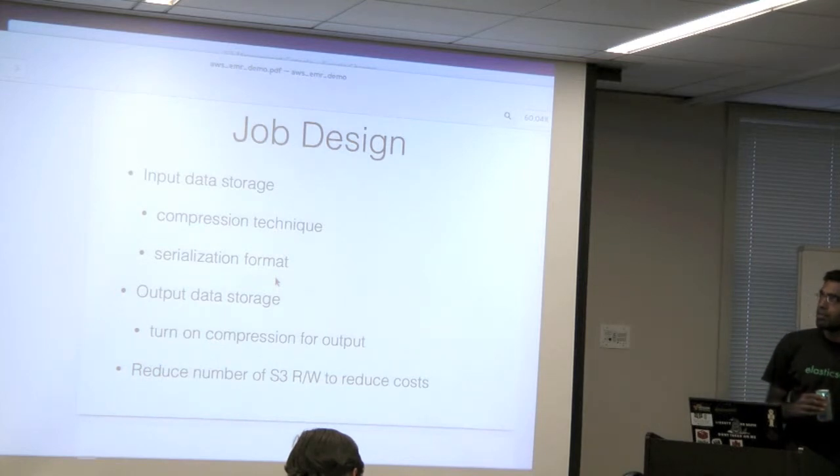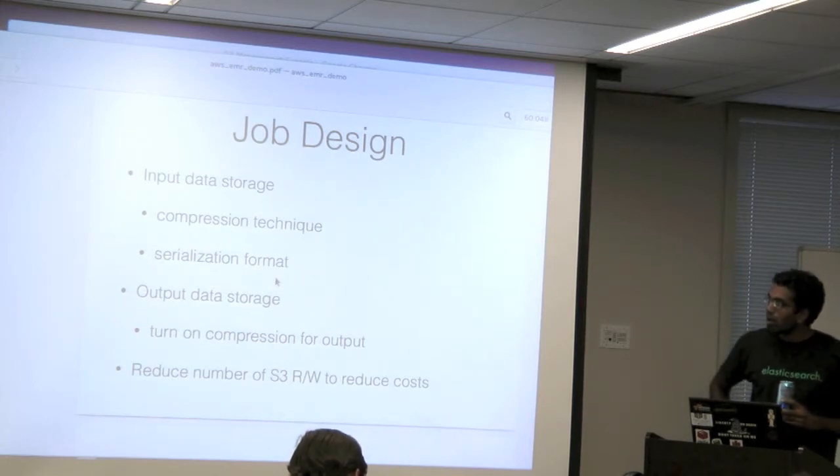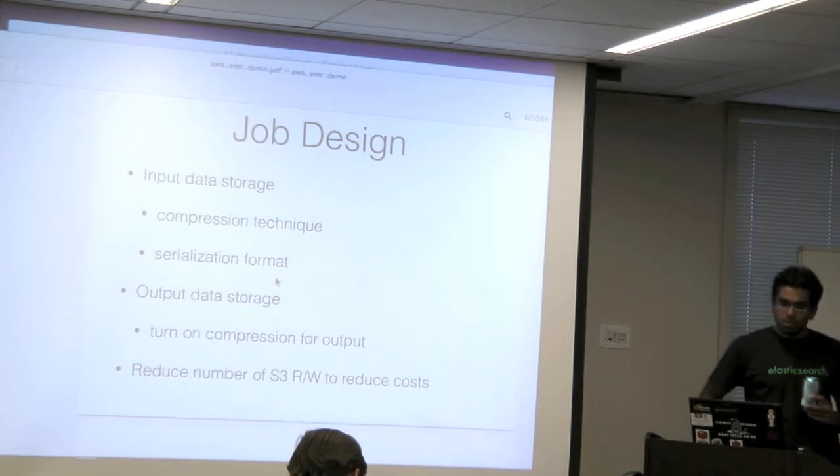You would want to select a compression scheme and a serialization format which facilitates splitting. If you can store your file as 64 MB or 100 MB or so, in that size range, it works really well.